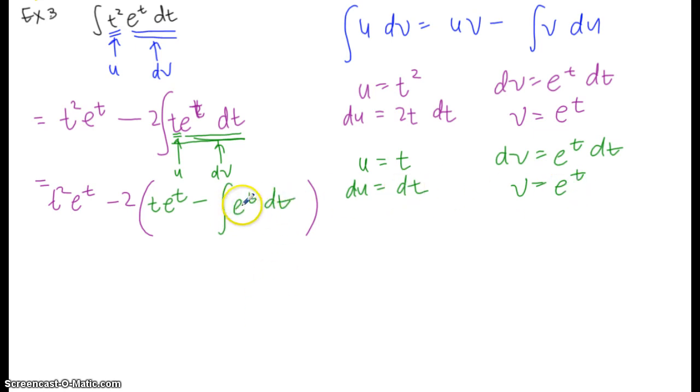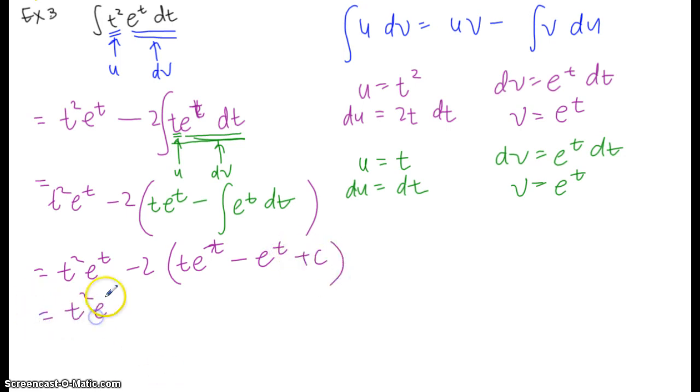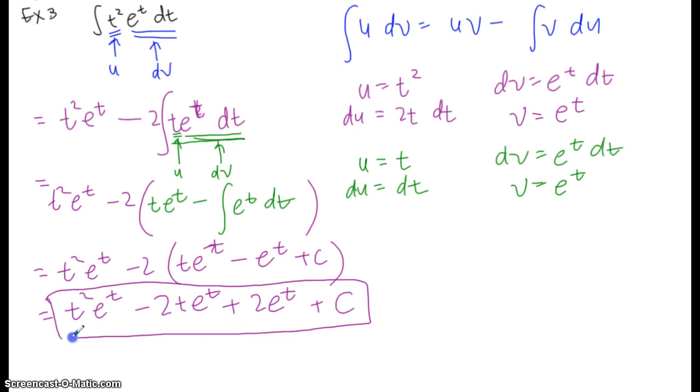And now it really does look like I've simplified it, where I can just find the antiderivative once. So that will give me t squared e to the t minus 2 times the quantity t e to the t minus e to the t, plus c. So t squared e to the t minus 2t e to the t plus 2 e to the t plus, you can either write 2c or just leave it as a constant, at least at this point. And that would be it.